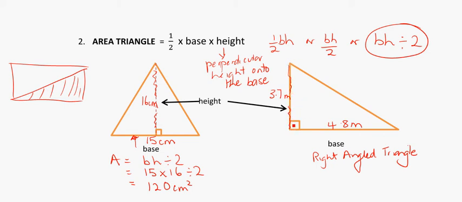It happens to be one of the sides if it's a right angled triangle. So the area equals base times height divided by 2, which is 4.8 times 3.7 divided by 2, and it comes out to 8.88 meters squared.